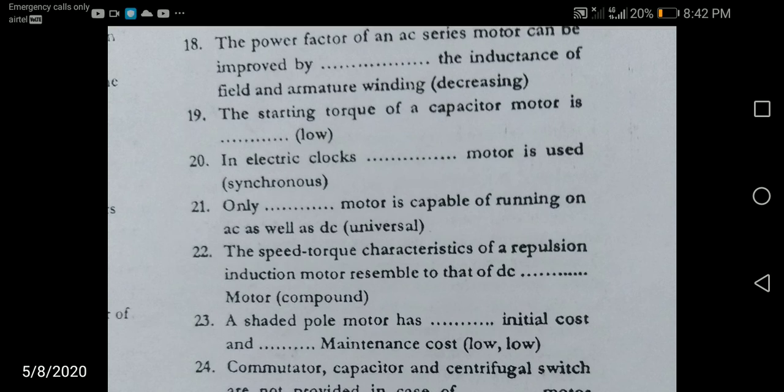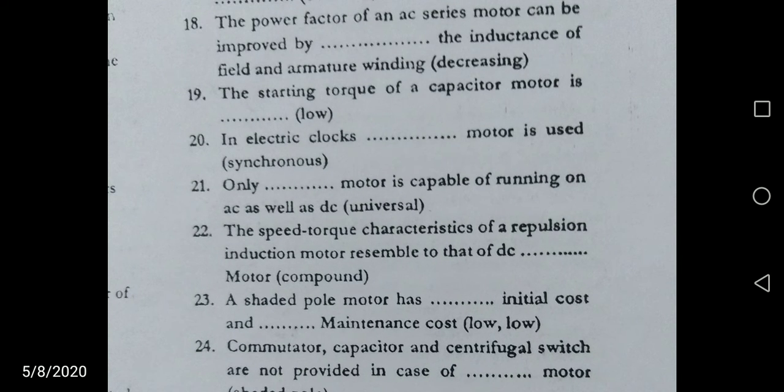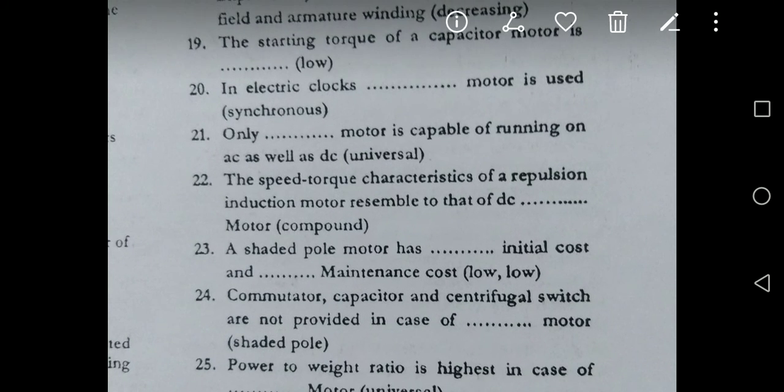The speed torque characteristic of a repulsion induction motor resembles that of a DC motor, similar to the compound DC motor.